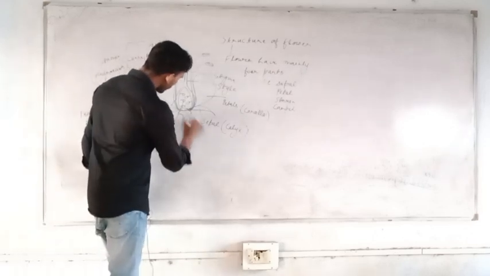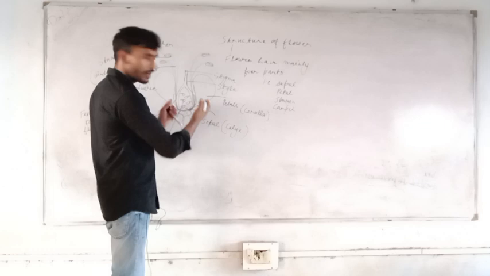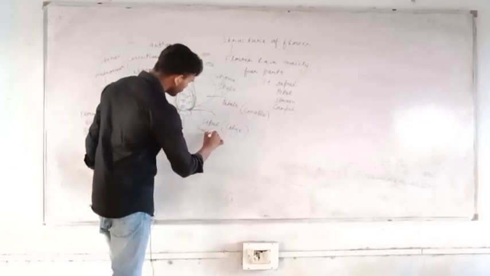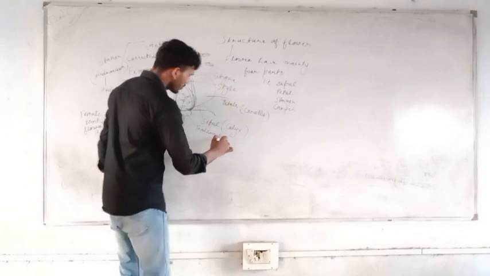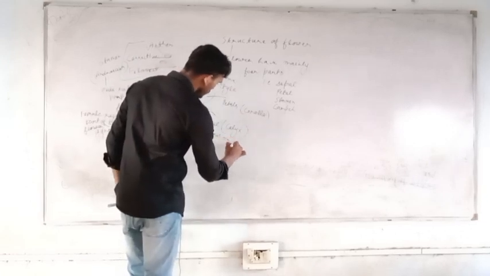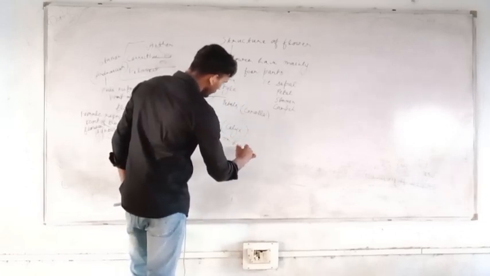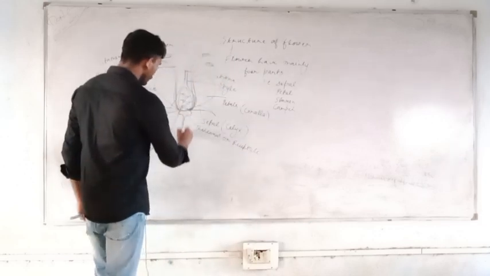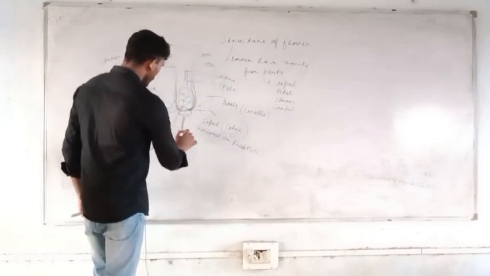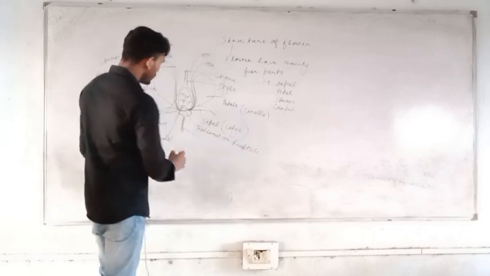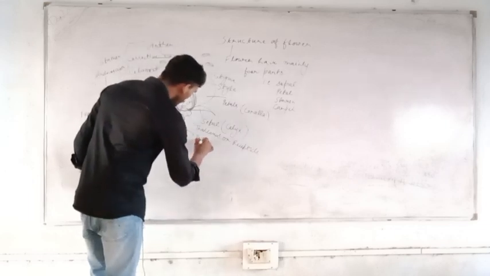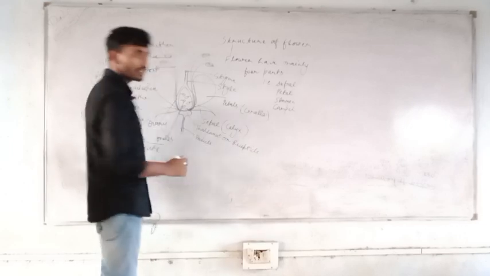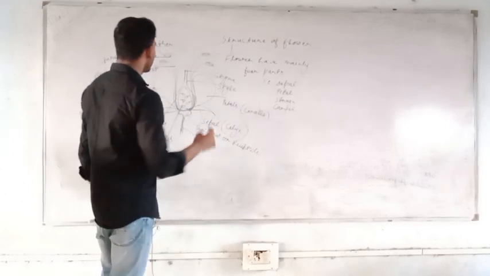This swelling portion on which floral parts are arranged is called thalamus or receptacle. This part is called pedicel, on which flowers are attached to the stem.